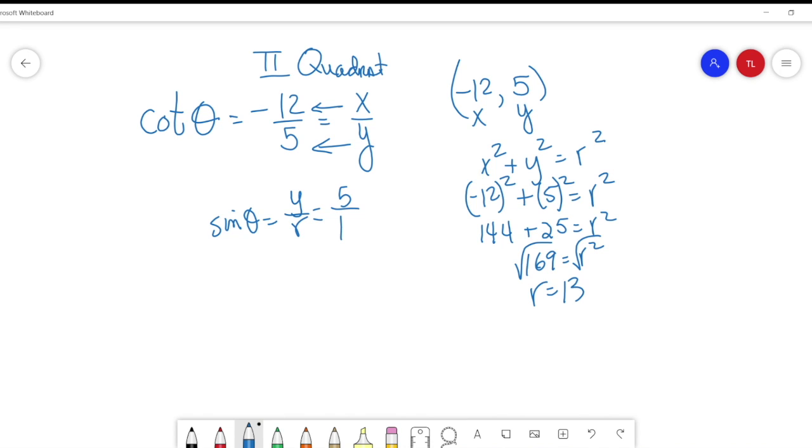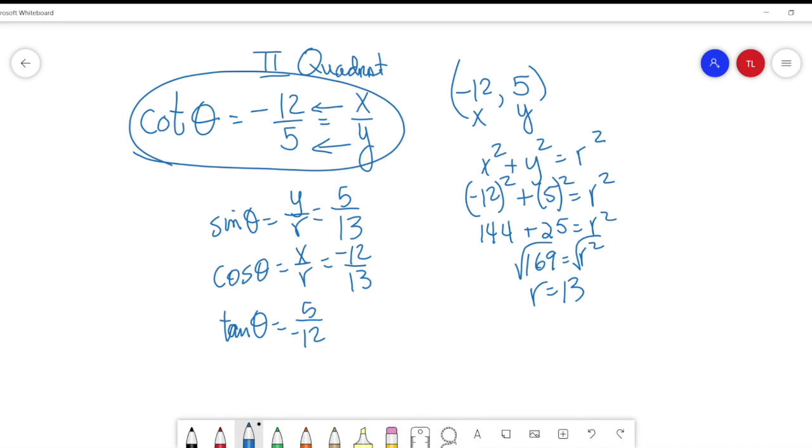5 over what? All right, what's cosine? X over r. What's x? Now, what's tangent? 5 over what? Now, there's cotangent. What's left for us?